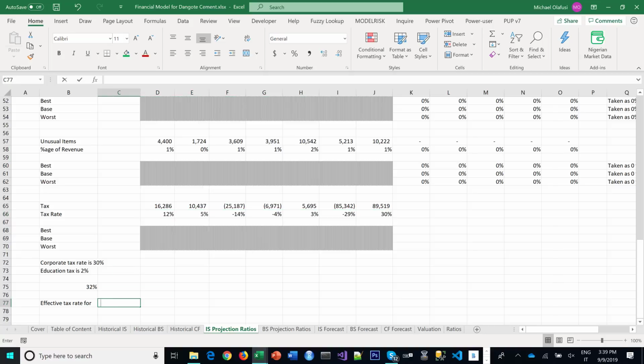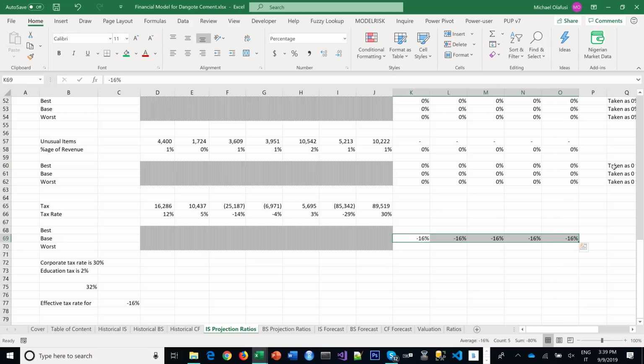So I can go with 16%. When you look at Lafarge, you look at Ashaka Cement, and some of those other companies who already exist in that industry, what has been their effective tax rate? So in my own base case, I'm going to use this, taking it as the industry average of 16%.